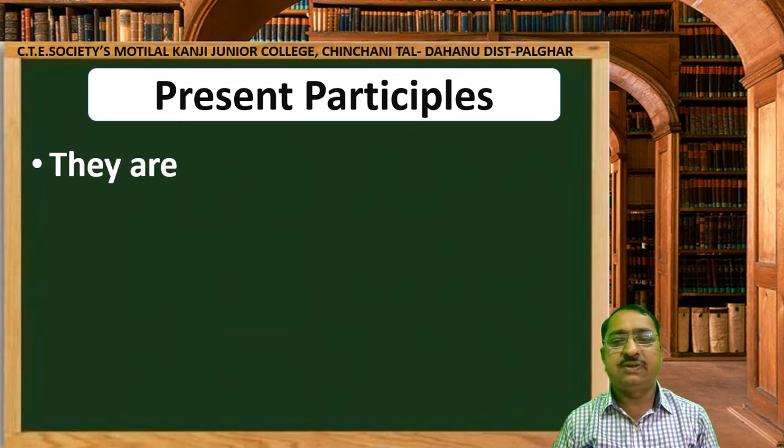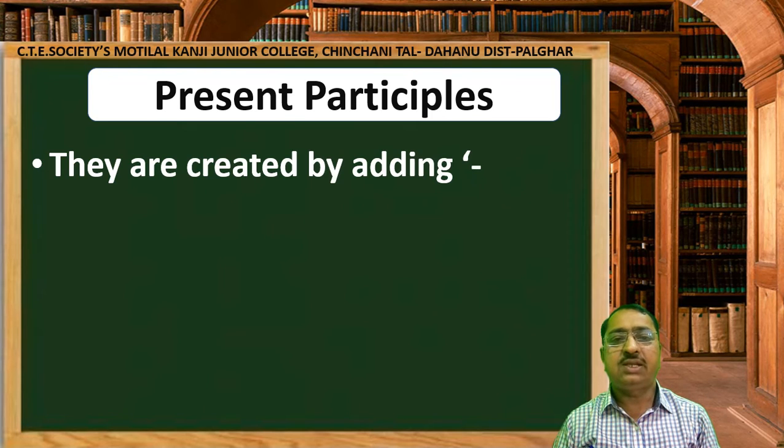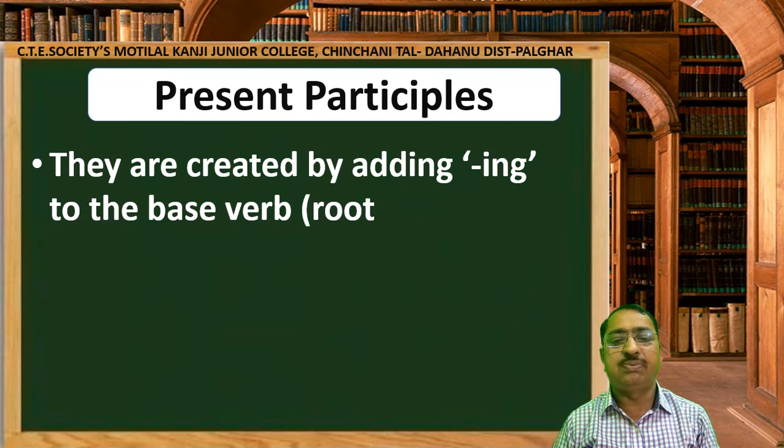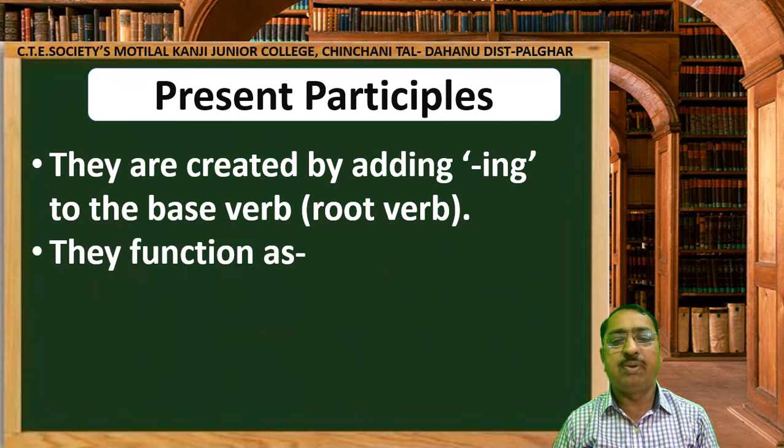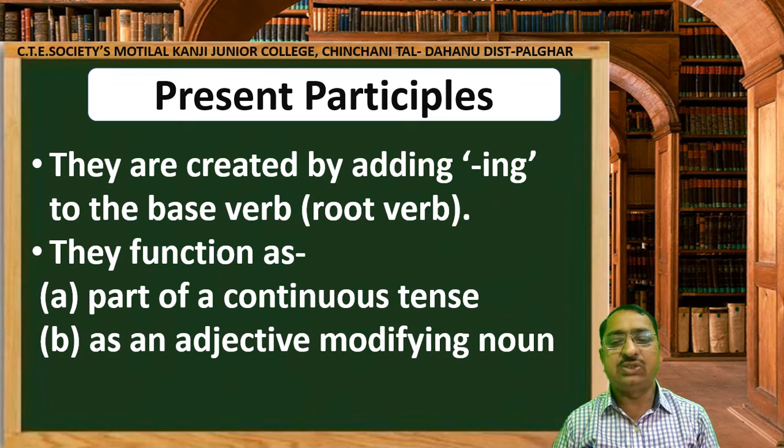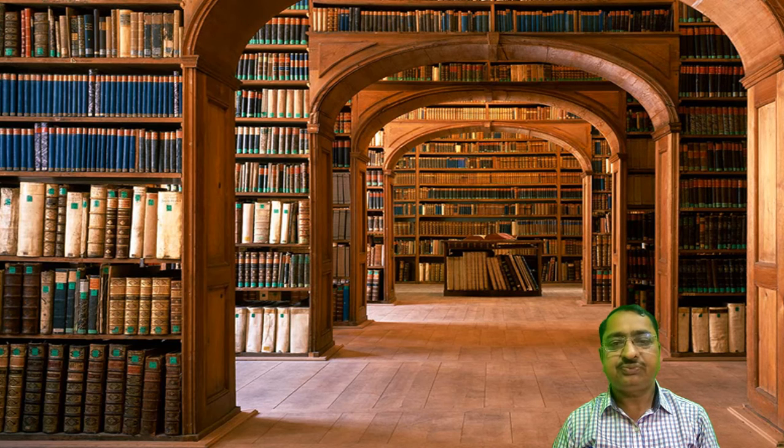Present participles, they are created by adding ing to the base verb, that is root verb. They function as part of a continuous tense and as an adjective modifying noun.